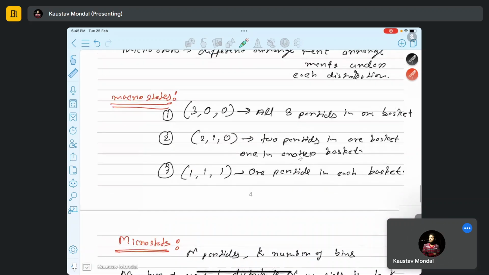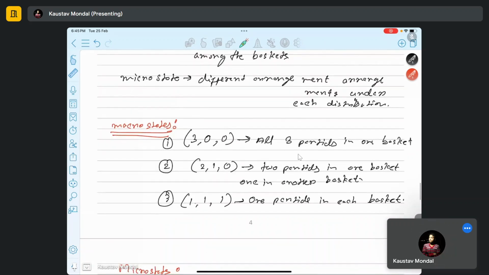The first macrostate is 300, that means all 3 particles are in one basket. The next macrostate will be 210, where 2 particles are in one basket and 1 particle is in another basket.